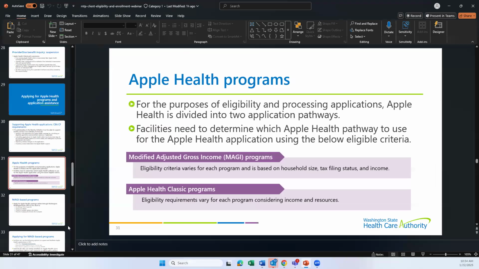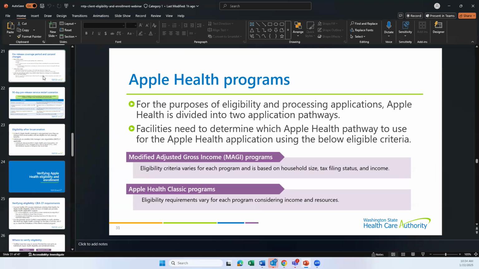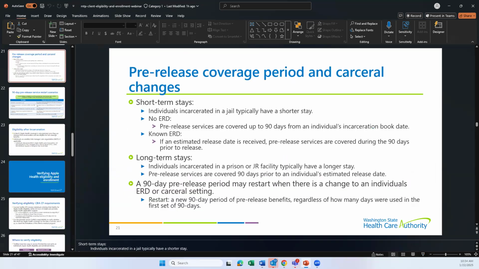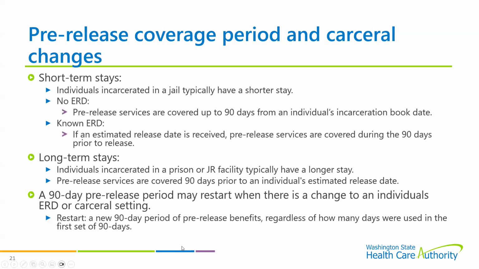We're not going to hold anybody liable for a service that was provided during a period of time that we all thought was the 90 days. So the short answer is yes. The long answer is we're going to have a lot more detail on this and how to track it. Manual is probably not the best word, because it should not be manual in most cases. That will be in the policy and operations guide, which will be released in February. Thanks, Emma. Yeah.